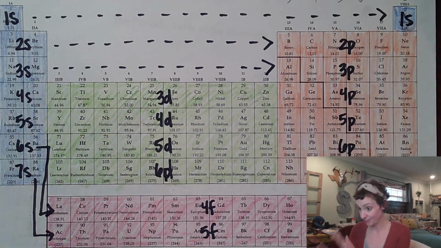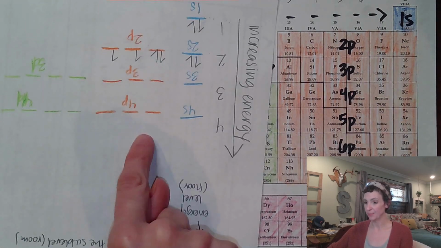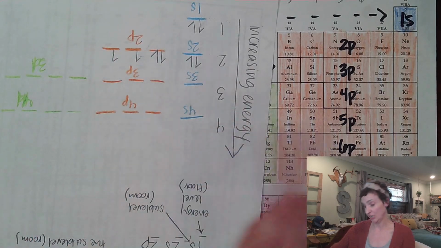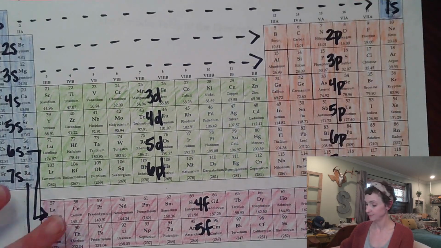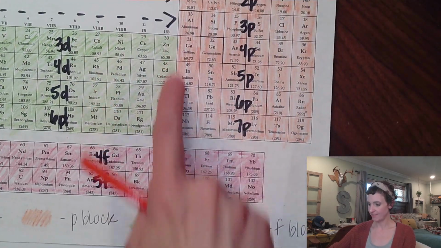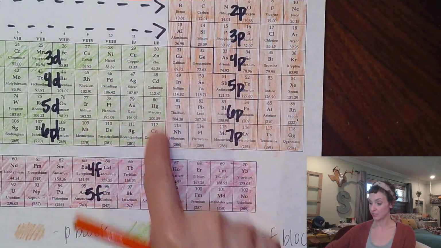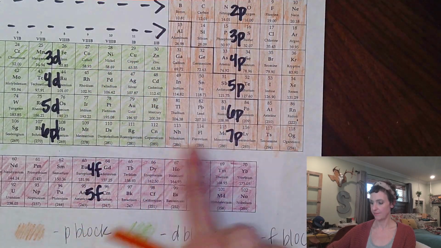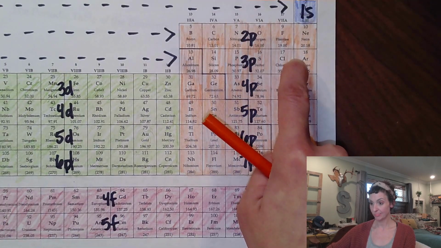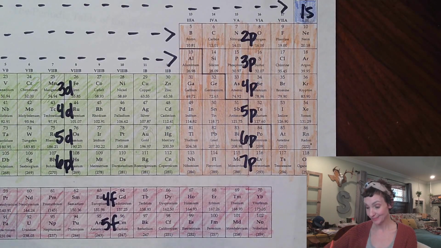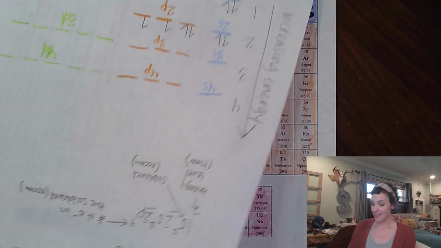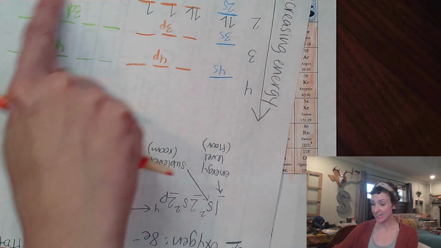And you can pause the video if you are coloring. I'm going to keep moving on. You are going to grab your P colored pencil. P for me was orange. And you are going to color this block of the periodic table orange. This is your P block of the periodic table. So I'm going to let y'all pause. And then joining in, my D colored pencil was green.